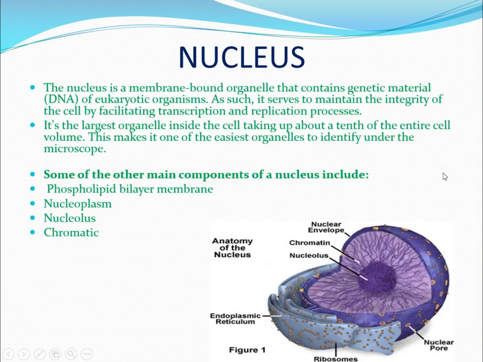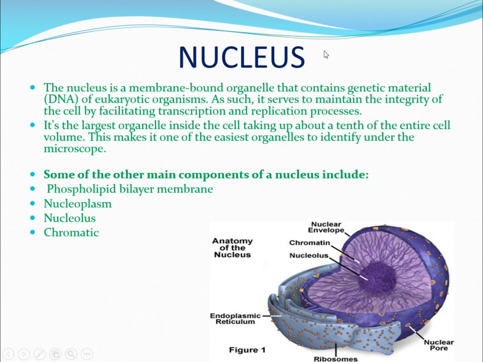So, the nucleus. The nucleus is the important and most dominant structure of the cell. The nucleus is a membrane-bound organelle which contains the genetic material of eukaryotic organisms. Now, what is genetic?